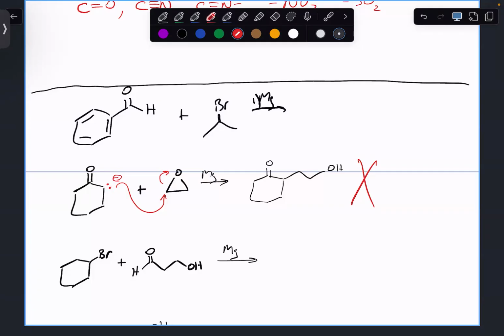There's the electrophile that you want it to react with, yet you have another electrophile there. With these Grignard reactions, you only want to have one nucleophile and one electrophile in the flask. Otherwise, things get really messy.